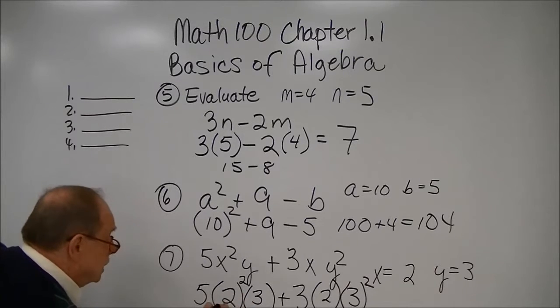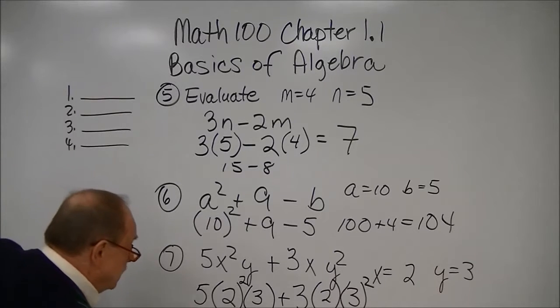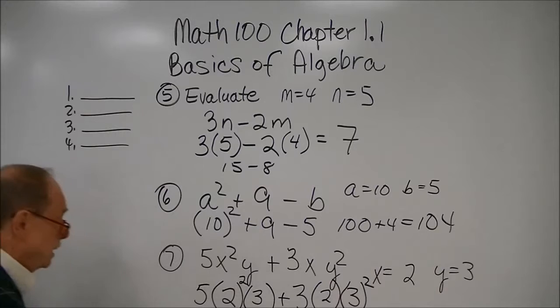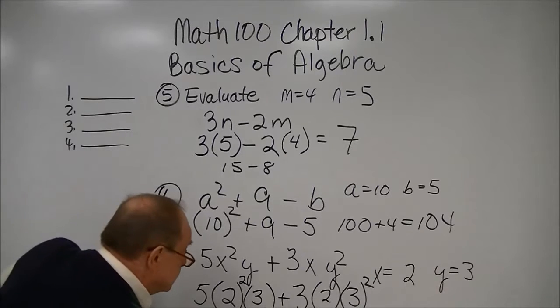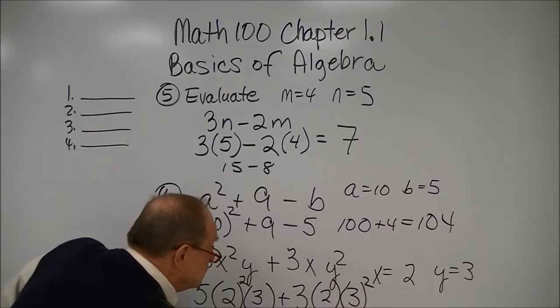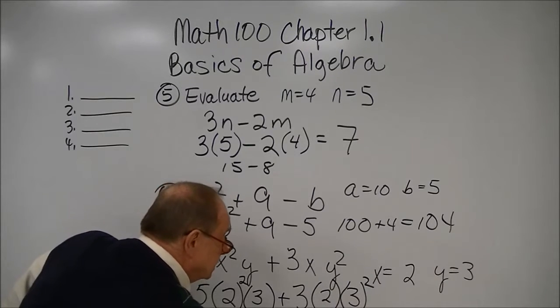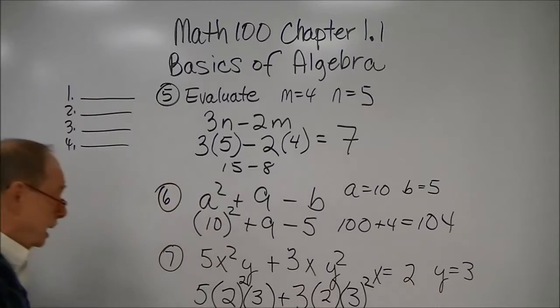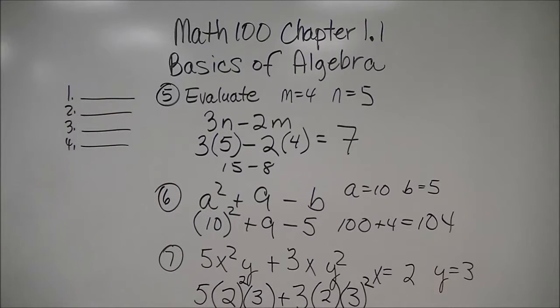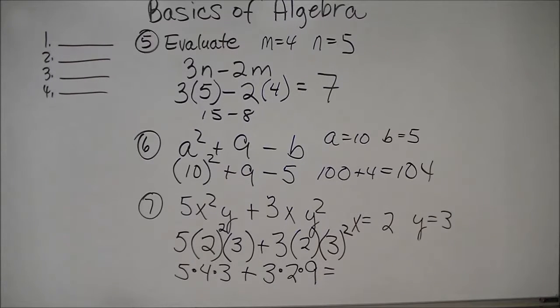So we're just converting it now. 5. 2 squared is going to be 4. We can also use a dot to indicate multiplication. And then times 3. Plus 3 times 2 times 3 squared, which is 9. I'm assuming many of you are going to use your calculators to actually calculate this.